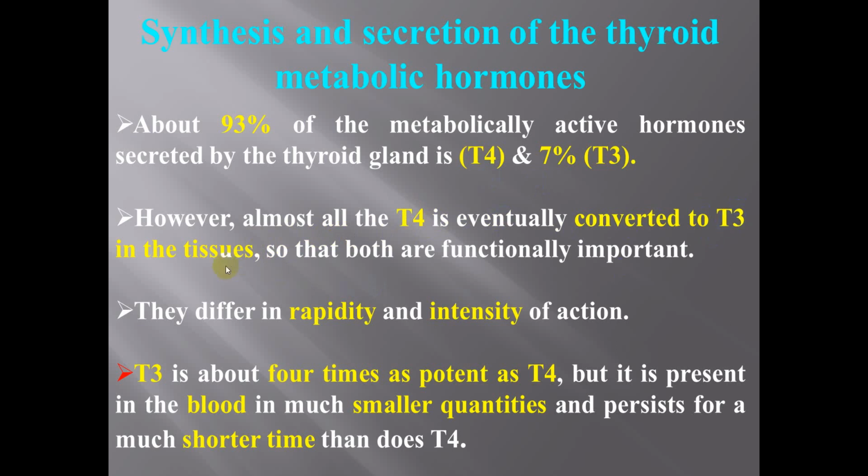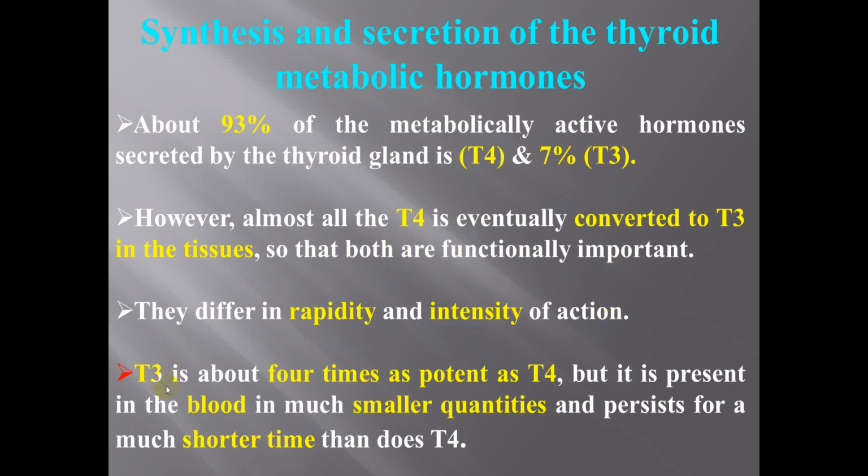Okay. بالرغم إنه البرسنت عالية أو level of T4 secretion from the thyroid gland يكون أعلى more than T3, لكن most of T4 in the tissues is converted to T3. So both of them are functionally important. They differ in rapidity and intensity of action.